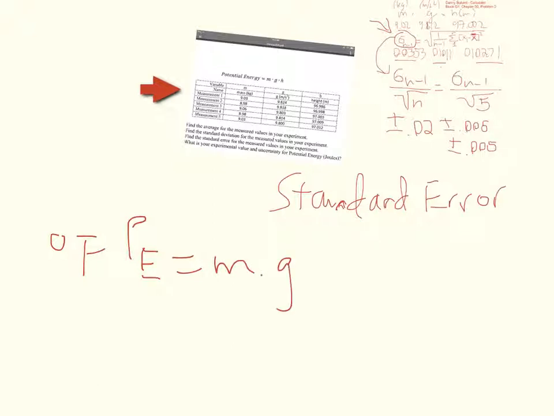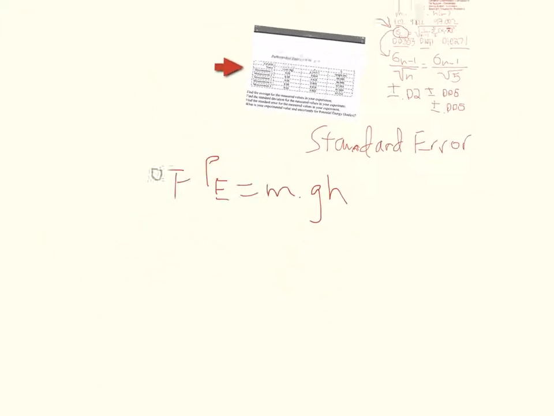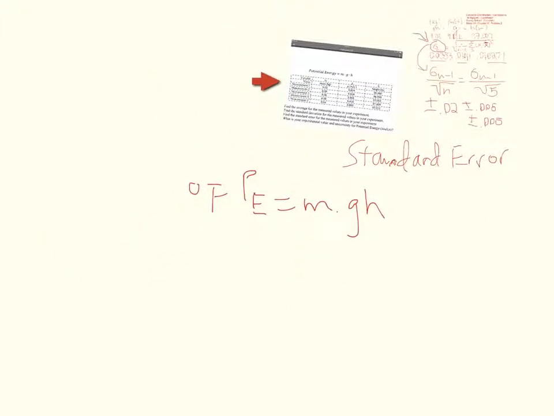This is the equation to find it. First, we need to find the partial derivative with respect to m, which is just going to be gh.